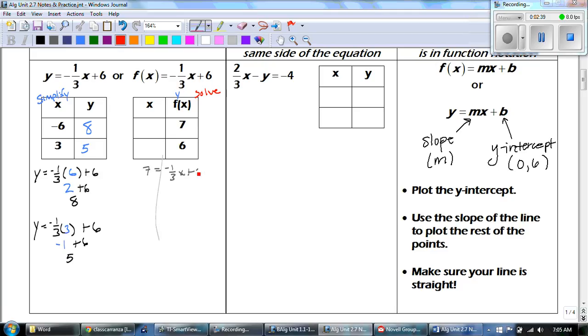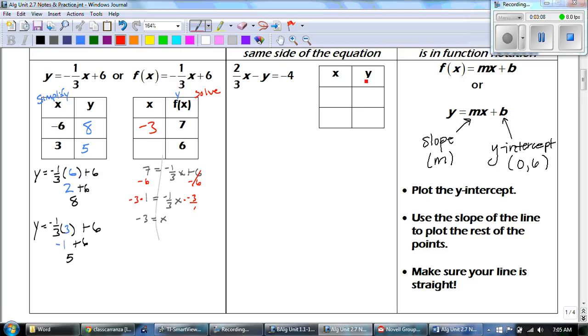I'm going to solve for x. I'm going to subtract the 6 from both sides. 7 minus 6 is 1 equals negative 1/3 x. And then to get the x by itself, I need to multiply by the reciprocal, which is negative 3. Negative 3 times 1 is negative 3. So I get that x is negative 3.